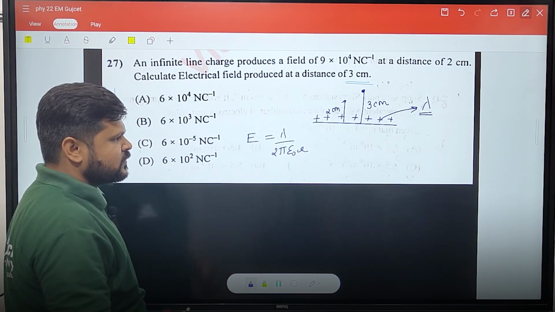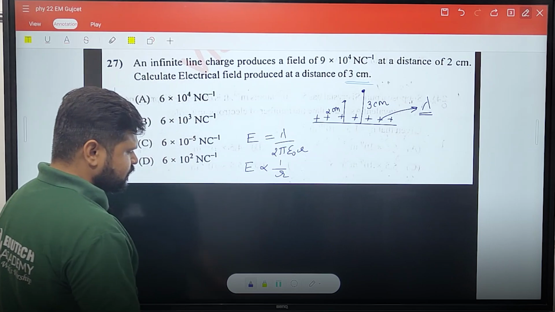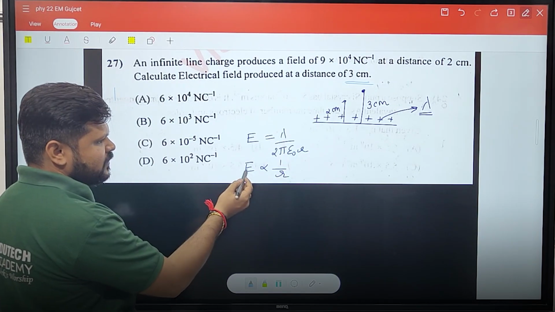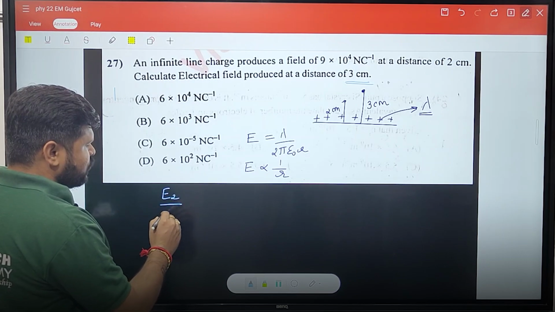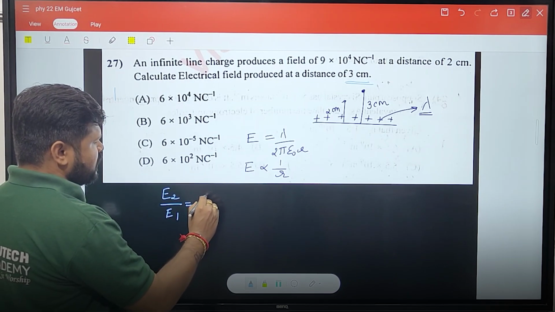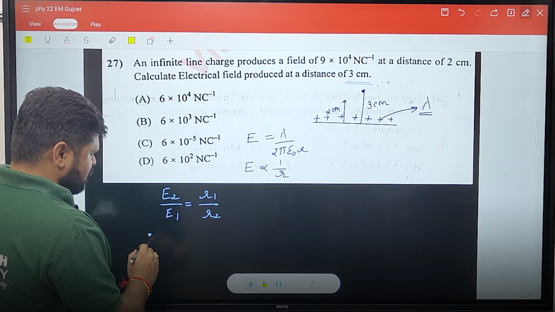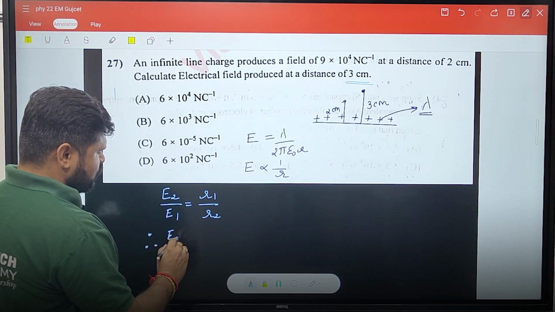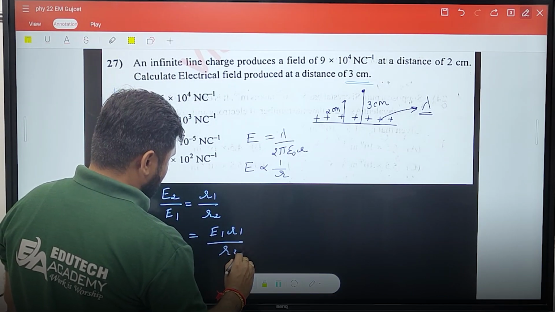Epsilon 0 and 2 pi are constants, so we can say that E is proportional to 1 upon r. So E2 upon E1 is equal to R1 upon R2, inversely proportional. So E2 is equal to E1 R1 upon R2.